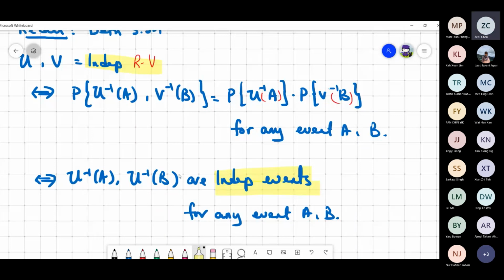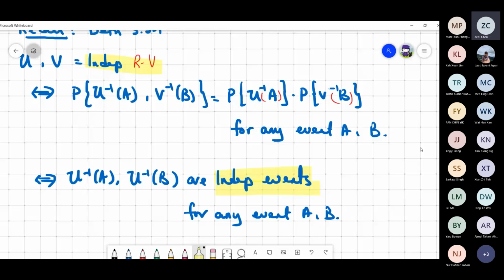However, in the first line, the independence corresponds to random variables, whereas in the last line here, the independence corresponds to events. So this is the definition for independent random variables.